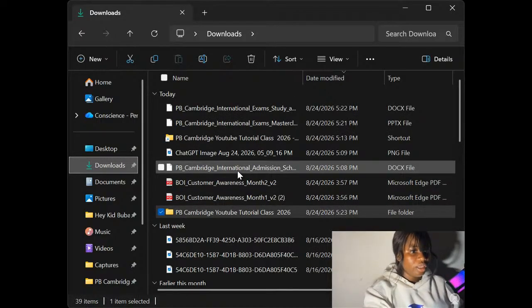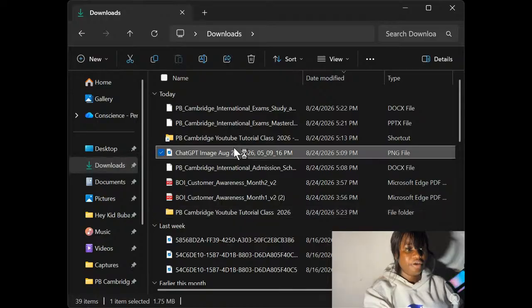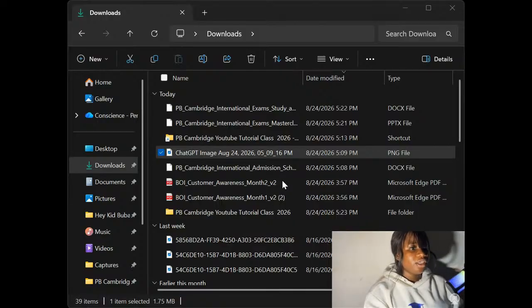Okay, I think I have this here. All right, so we're gonna be looking at the PB Cambridge Globe 6.